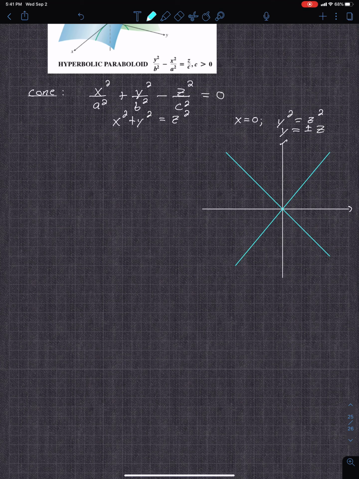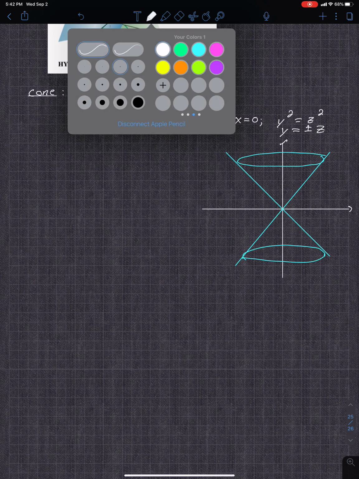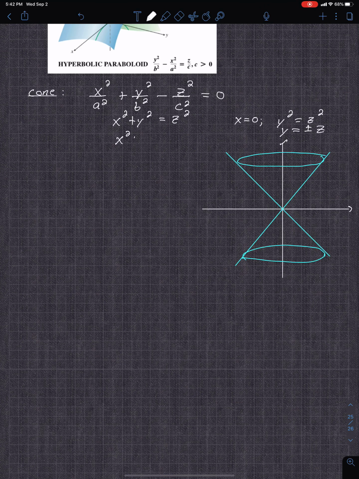Like that. And so with the minus z squared, that's what you get, but it fills all in. So you end up with these circles like that, and you can see that that's a cone. One thing to see too is x squared plus y squared: what if z is 0?